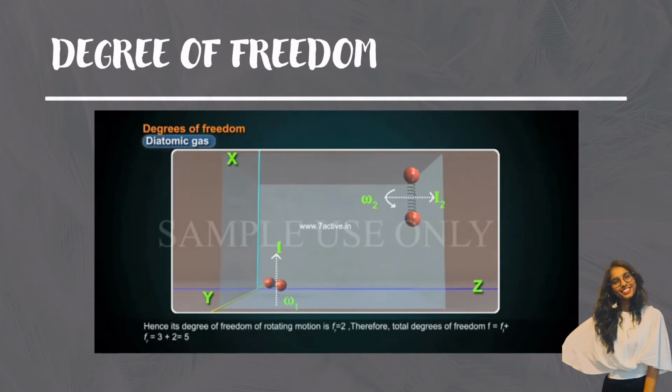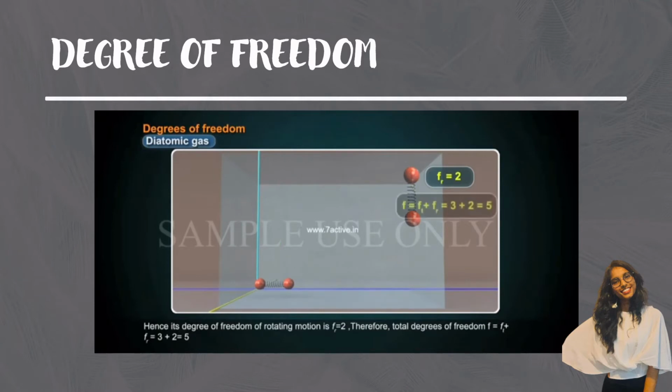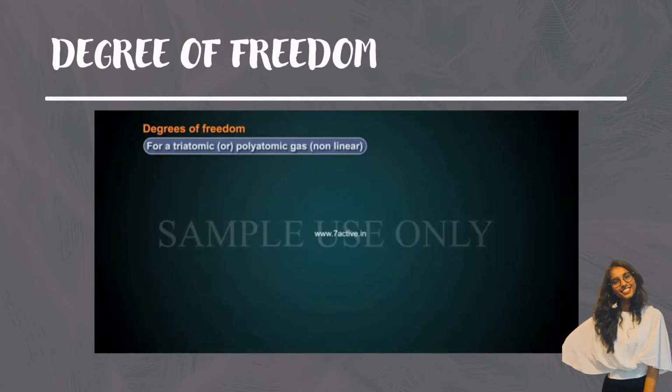Hence, its degrees of freedom of rotational motion Fr is equal to 2. Therefore, the total degrees of freedom F is equal to Ft plus Fr, which is 3 plus 2, equal to 5.